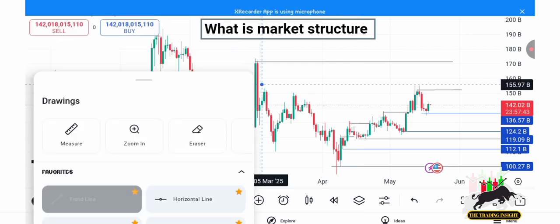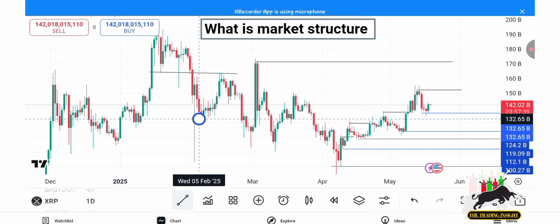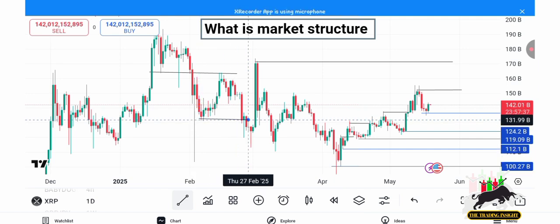This is what happened, but it was a short downtrend. It wasn't much. The market didn't move down much because there was not much momentum. So it broke another low, created a new low, broke a lower low, and created another low.